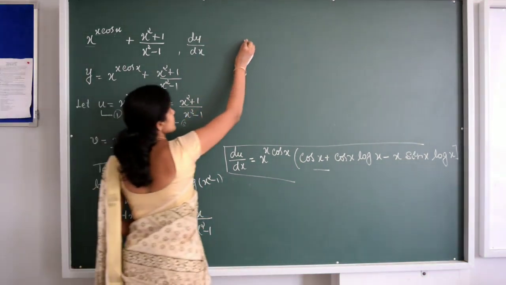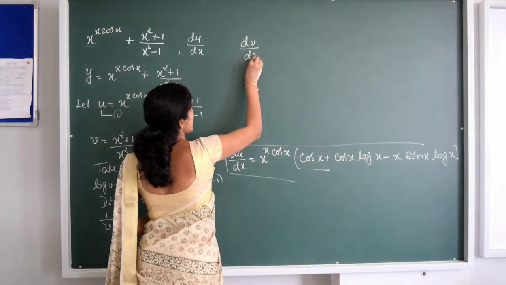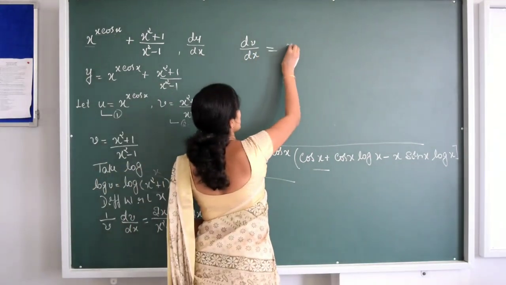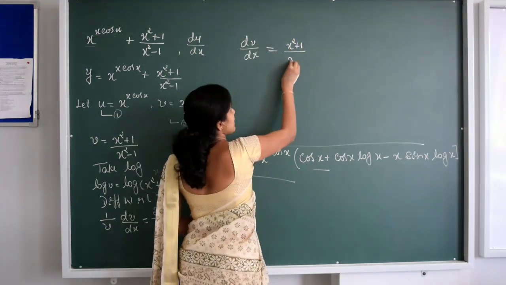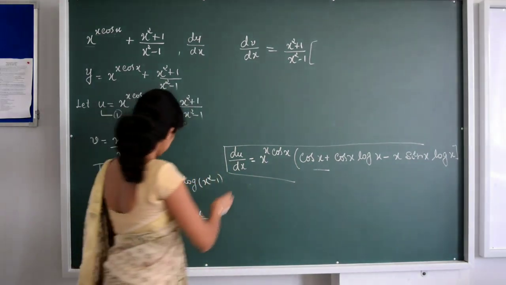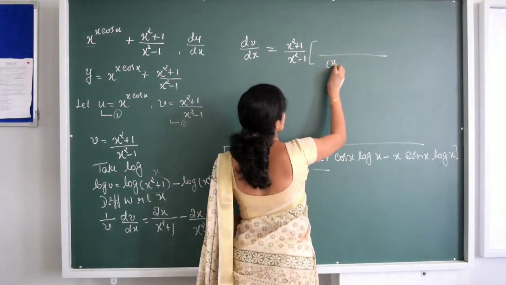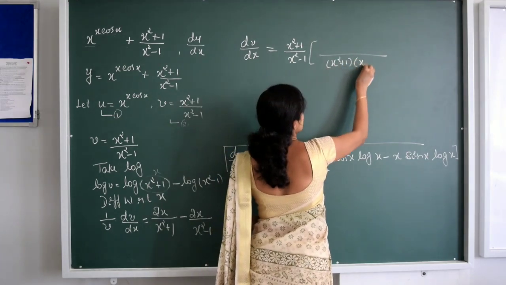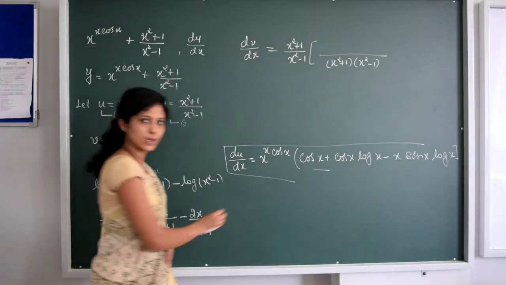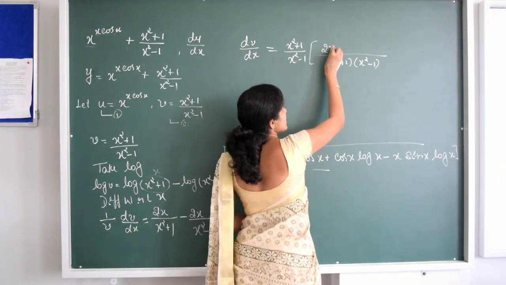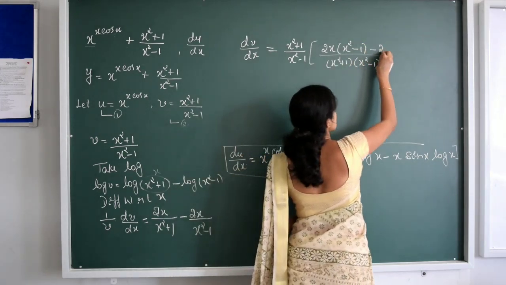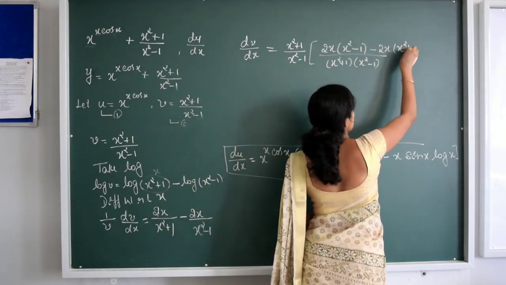Finally we can write dv by dx is equal to v. What is the value of v? It is x square plus 1 divided by x square minus 1. This is multiplied. We will take the LCM. LCM is now x square plus 1 into x square minus 1. So here you have to multiply 2x into the x square minus 1. So this is now 2x into x square minus 1 minus 2x into x square plus 1.